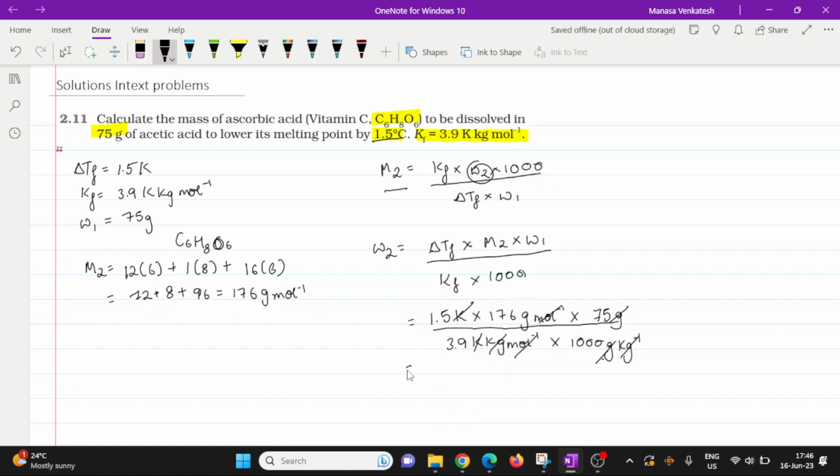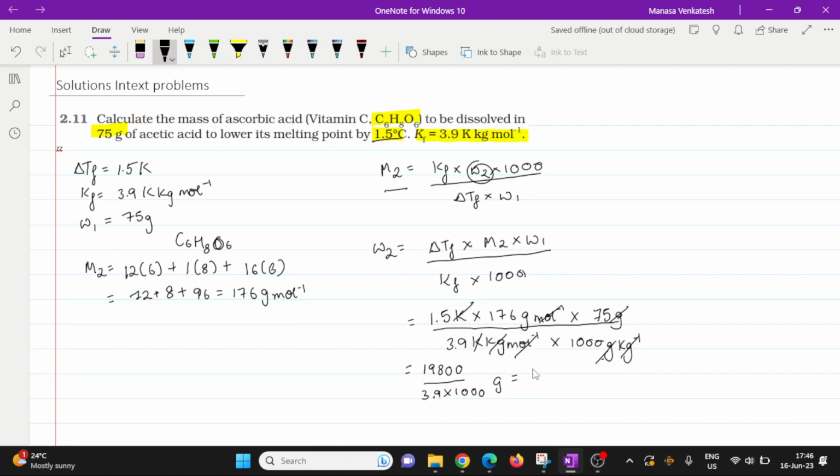And then this on simplification gives us 19800 in the numerator divided by 3.9 into 1000 grams.